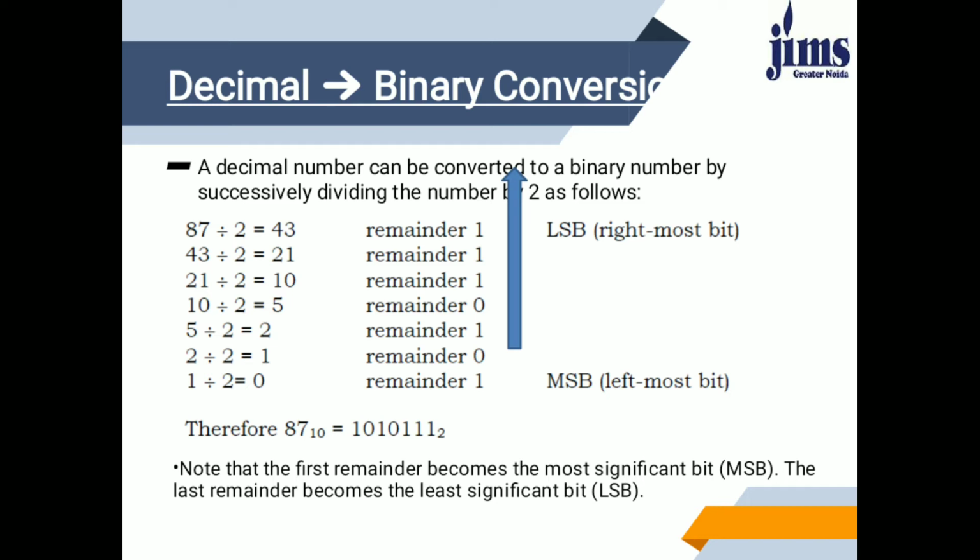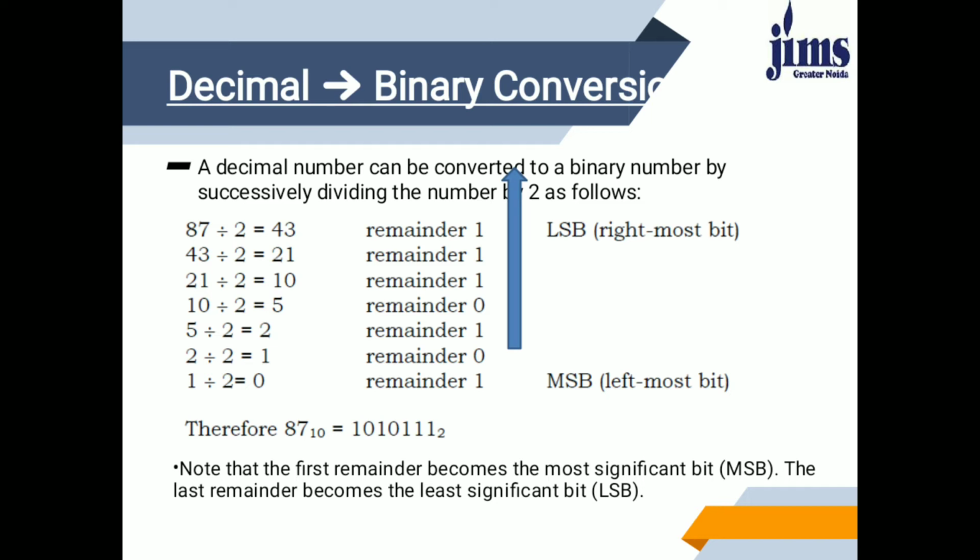Total 8. So we divide by base 8. Similarly, in the binary number system, 2 digits are used, 0 and 1. So we divide the decimal number we want to convert into binary by 2. So 87 is our number to convert.